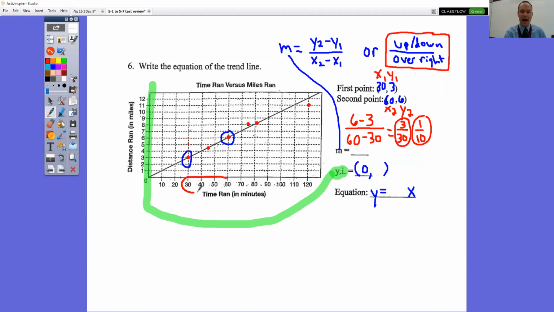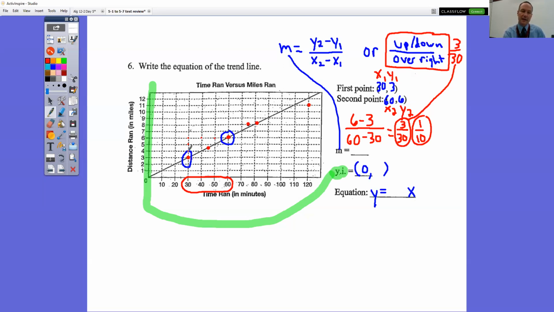Notice that across the bottom, each time that we go over to the right, we're really going over 10. So we're going over 10, 20, 30. So we're going up 3 over 30. Notice that that's the same answer that I got by using the formula. So either way that you want to do it, most people will find that using the graph way is easier.